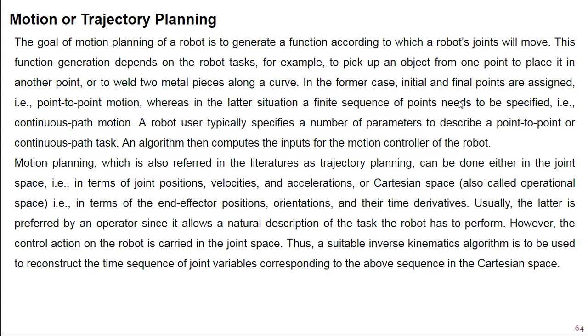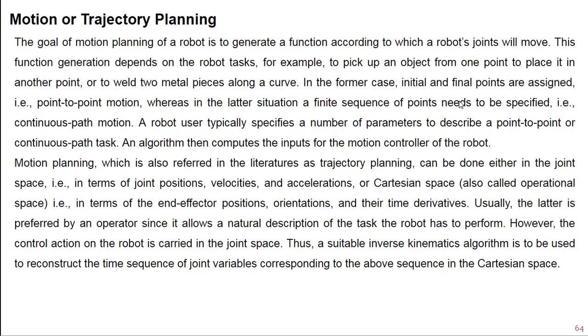The goal of motion planning of a robot is to generate a function according to which a robot's joints will move. This function generation depends on the robot tasks.